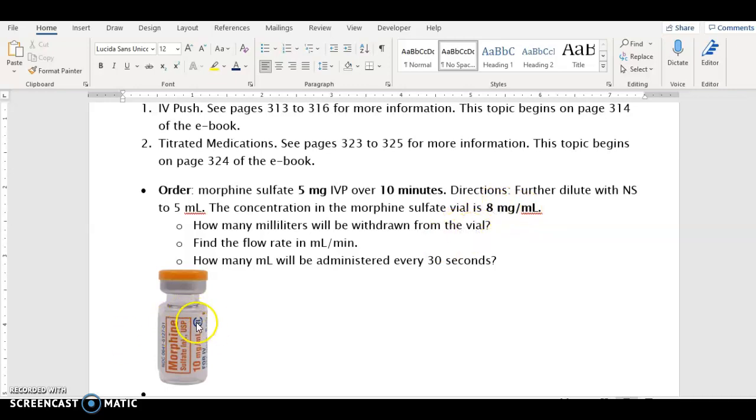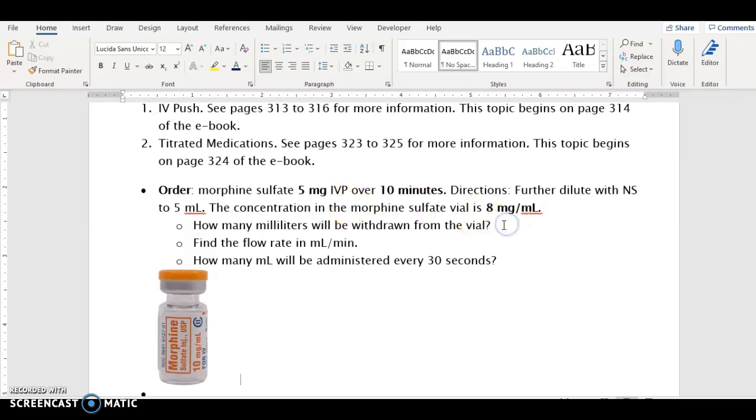We're going to withdraw the appropriate amount from the vial first. The first part is asking how many milliliters we will withdraw from the vial if the concentration is 8 milligrams per milliliter. The dose given in the order is 5 milligrams.